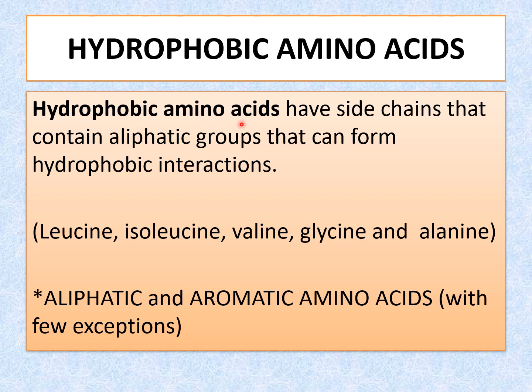So hydrophobic amino acids have side chains that contain aliphatic groups or hydrocarbon chains that can form hydrophobic interactions. One of the examples of aliphatic groups would be your alkene, alkane, alkynes.